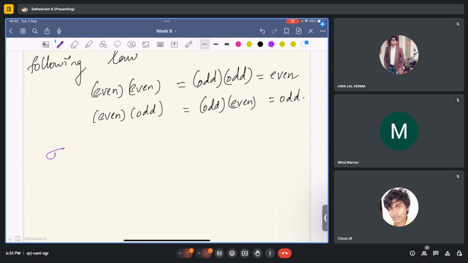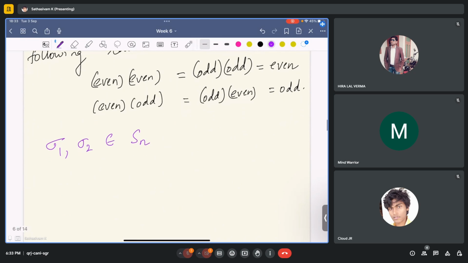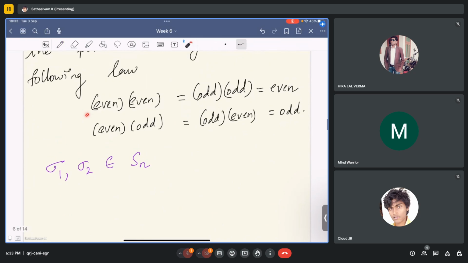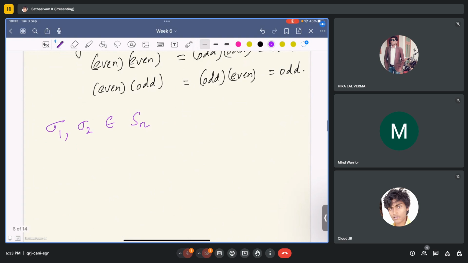Let's say you take two permutations, sigma 1 and sigma 2, and let's say they belong to Sn. Let's prove the first one, or maybe we'll do something general. Let me write sigma 1 as a product of transpositions a_i1, a_i2, with i equal to 1 to, let's say, r.